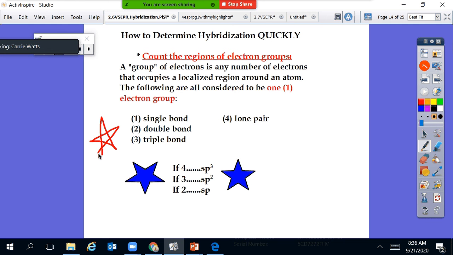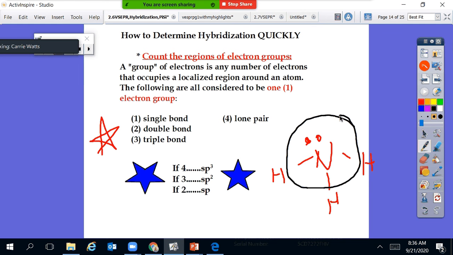So if you're looking at ammonia, which is trigonal pyramidal, and you're counting these electron groups, if you're looking for the shape, you have 3 bond groups and 1 lone pair, which when you looked at your VSEPR sheet, you would see that that is trigonal pyramidal.